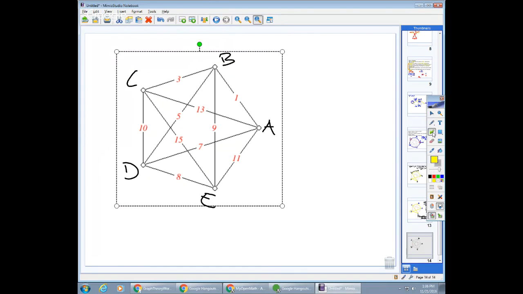So if I start at vertex B, I have to go to A because that's the cheapest route. Cheapest route from A would be D. And then from here, I have to go to the nearest unvisited one. That means I have to go to E next, because E is cheaper. And then I have to go to C because it's the only unvisited one.